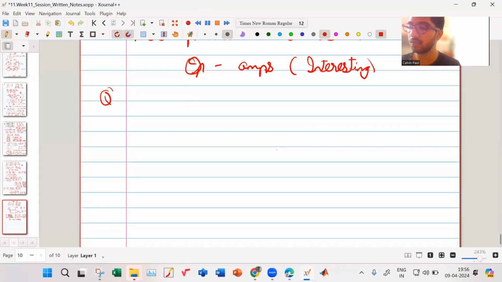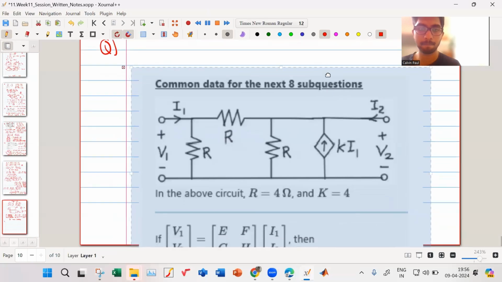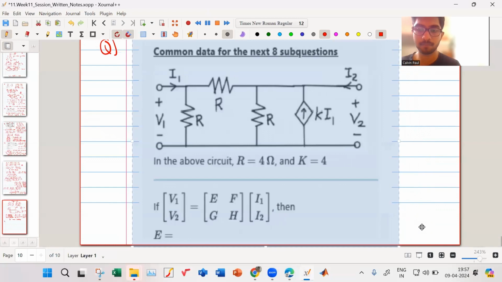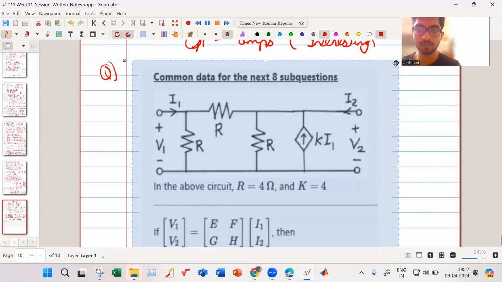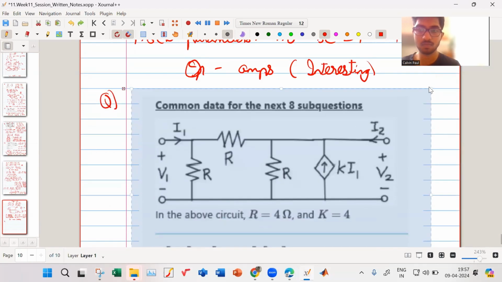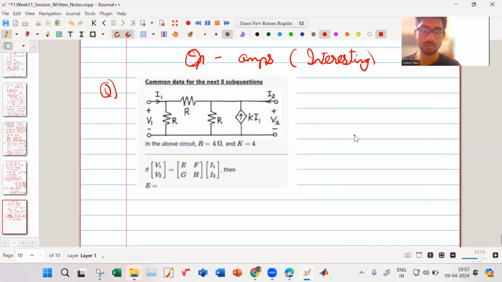Over here, what I'll do is you have one node here, another node here, and a reference node here.